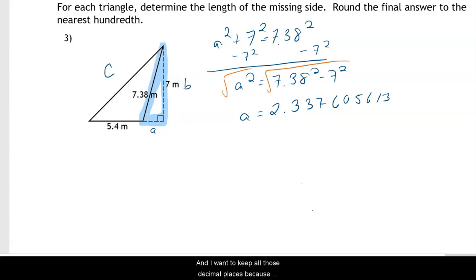And I want to keep all those decimal places because we're going to be reusing that number. And the more decimal places I have, the more accurate it will be.